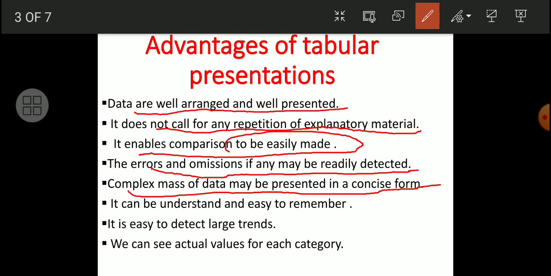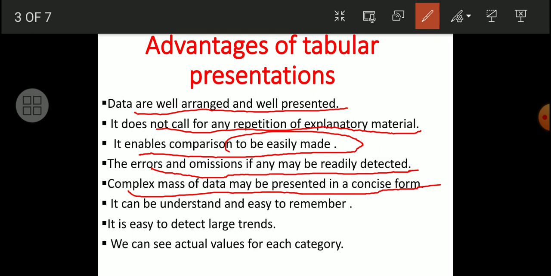So for that, the complex mass of data may be represented in concise form. In the sense, out of that 130, we will have to make classes, that is seeds 2 to 4, then 4 to 6, 6 to 8, 8 to 9. Once we have made classes, we write the frequency.